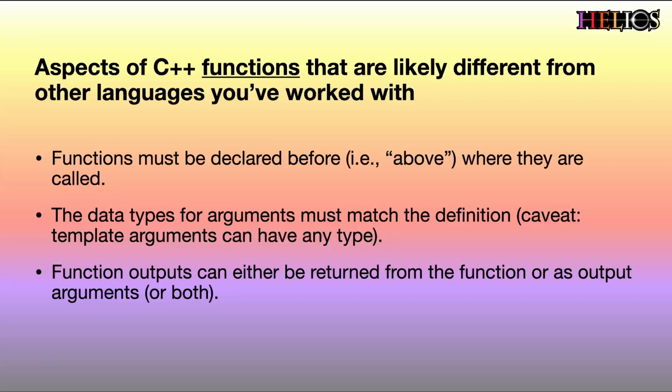So there are different ways of doing that to be aware of. This can make it a little bit confusing to know which arguments are inputs and which are outputs. In the Helios documentation, this is designated explicitly. So as it's saying what each argument name corresponds to, it'll say whether it's an input, an output, or if it's both an input and an output.